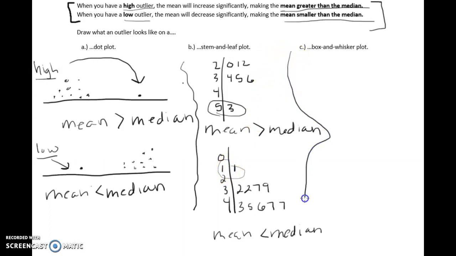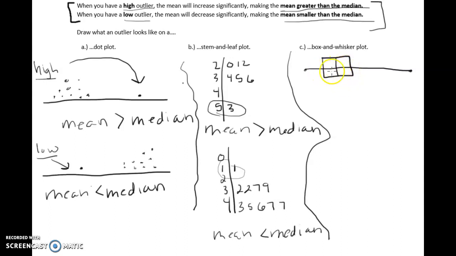Okay, and then the last type is box and whisker plots. So if we have a high outlier, remembering that a box and whisker plot means that you have the low and then you have the high somewhere, and then you have the other quartiles.